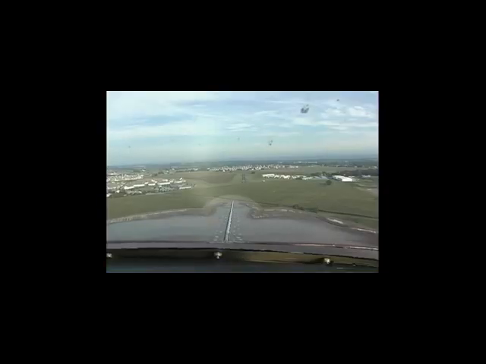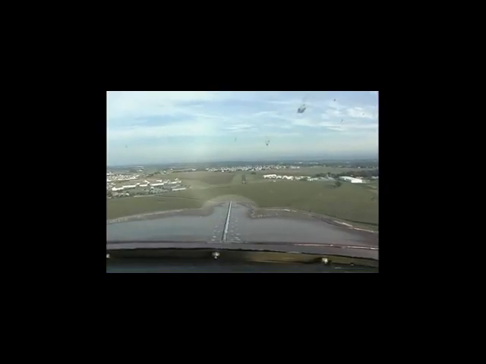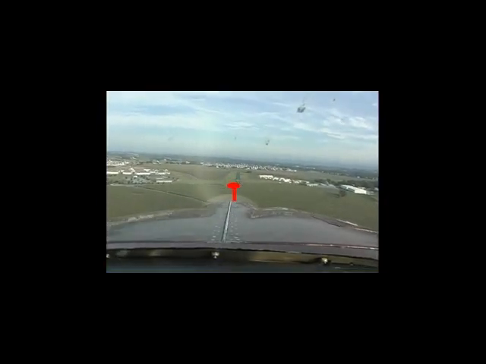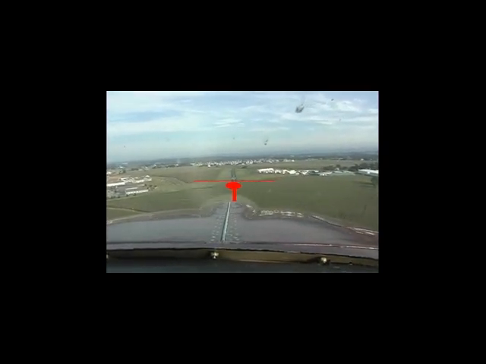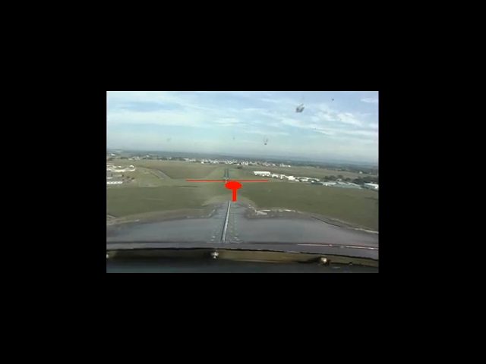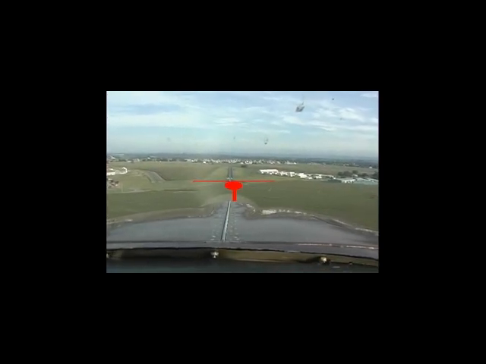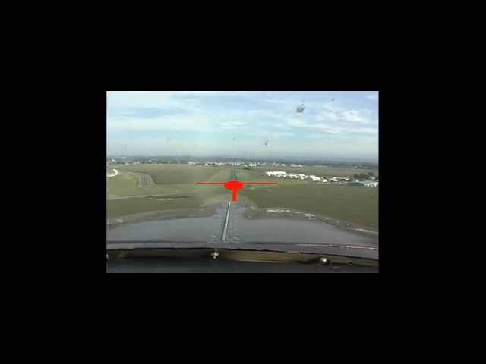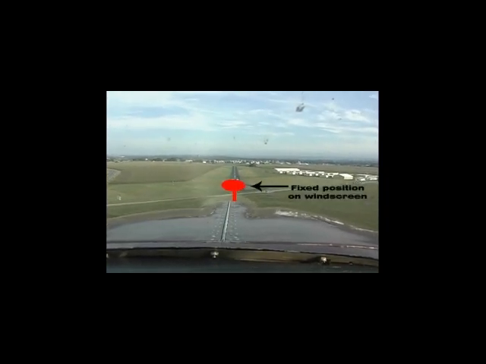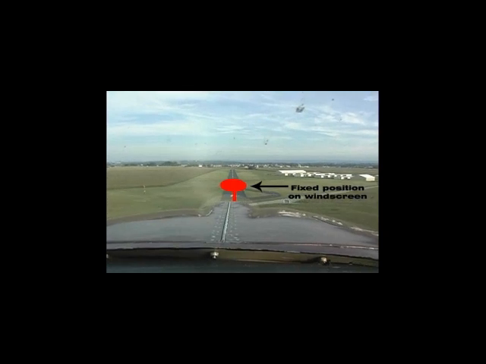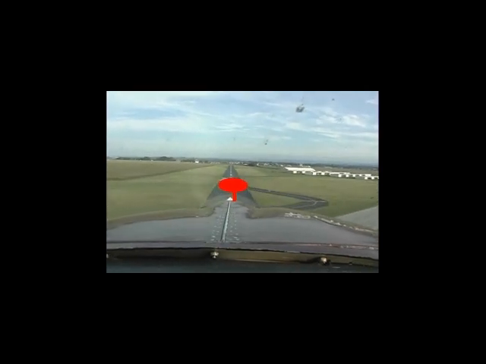So how do you use a circle of action? Well, the way the circle of action works is that as you pick this point on the runway, as you establish your stabilized flight path on the final approach, that circle of action should maintain its position relative to, say, the windscreen on your aircraft.